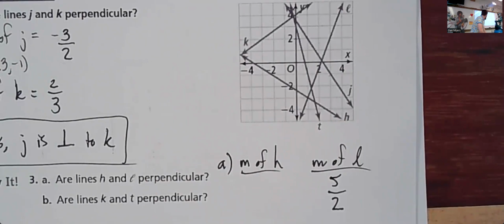And I don't know about you, but I don't know if we can actually figure out the slope of line H, because I don't see two exact points. I see one point right here, but I don't see another point on this line that goes exactly through a corner of those gray ones. To get from this point on L up to here on L, you have to go up 5/2.